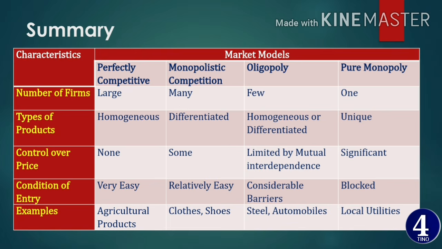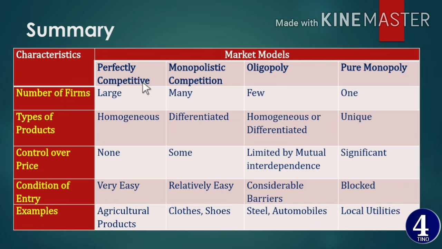Now let us summarize the four types of market structures using these characteristics. How many market structures do we have? We have four: perfect competition, monopolistic competition, oligopoly, and monopoly. The first criterion we have used to classify the markets is the number of firms.